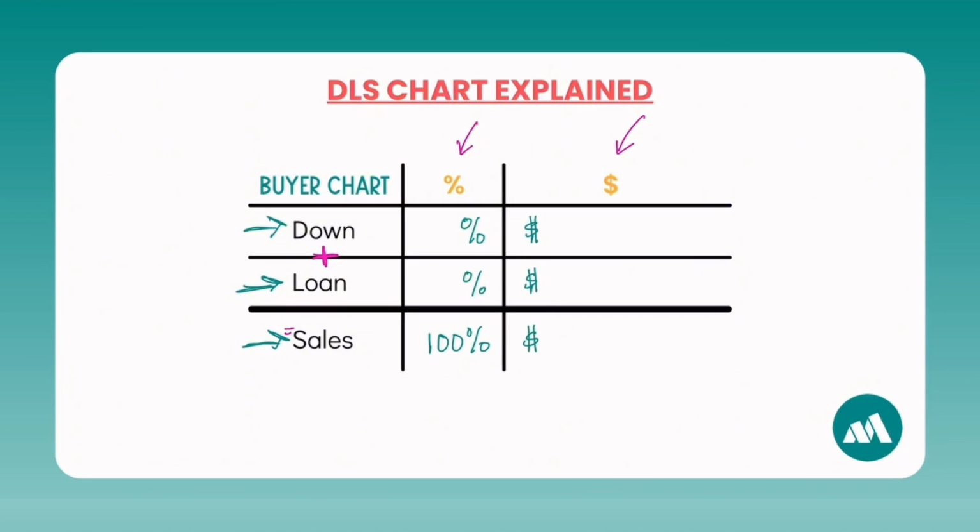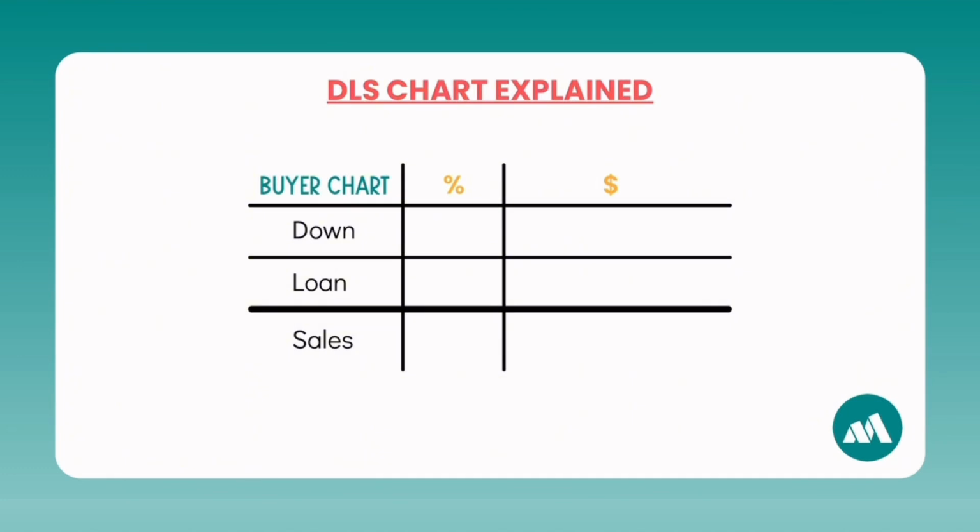Now, just like the down plus the loan equals sales, your down percent plus your loan percent is going to always equal 100%. And your down dollar plus your loan dollar is going to equal your sales price.